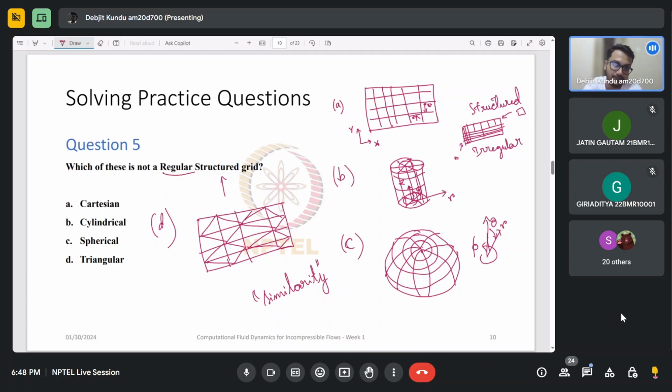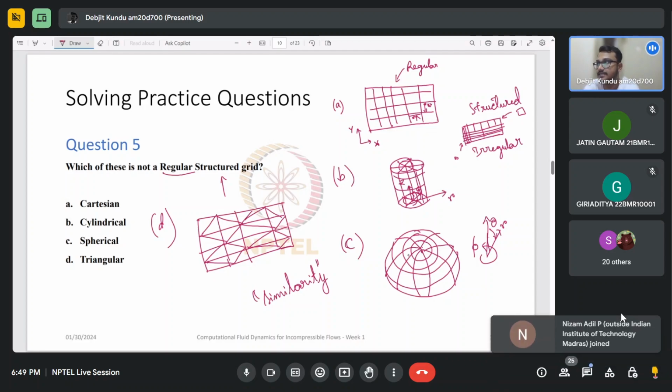They are similar but not the same. Their sizes are different. But another thing is that in case of this regular structured grid, which is a Cartesian grid, for example, we can take a Cartesian grid with uniform delta x and delta y. So this is regular structured.